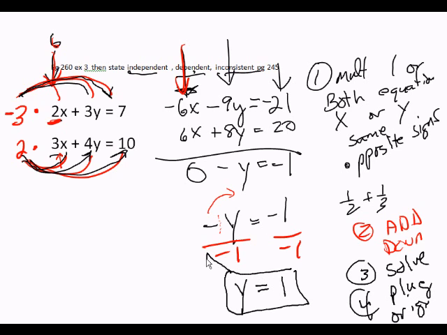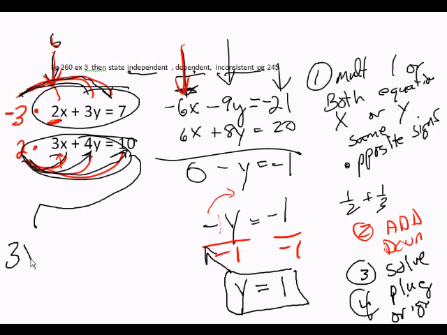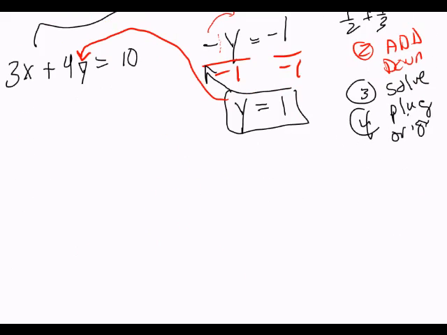We just did that. And step 4, plug into original problem. I need to plug this y into any one of the original problems. Say top or bottom. Which one you want, top or bottom? Okay, so we're going to take the bottom, 3x plus 4y equals 10, and we're going to plug y equals 1 into the y spot.